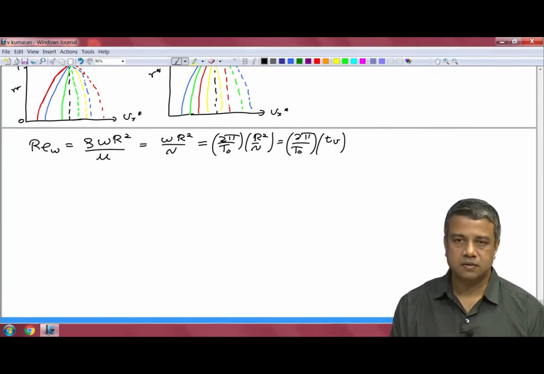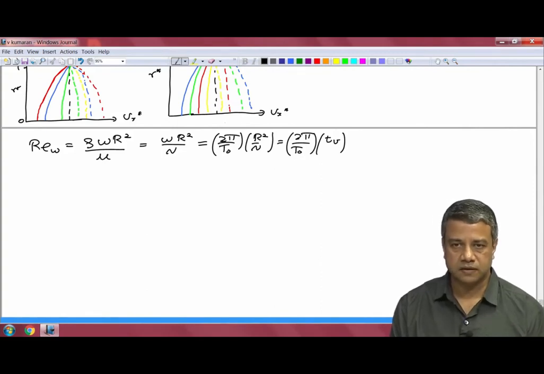So, in that case, you would expect the solution to be the same as the steady solution obtained for that particular instantaneous value of the pressure gradient.